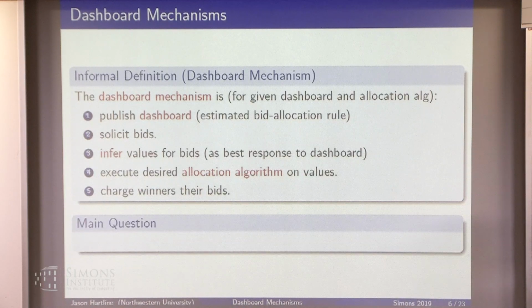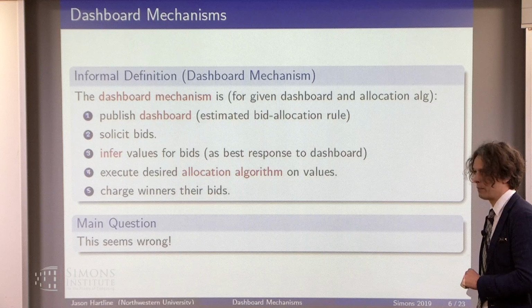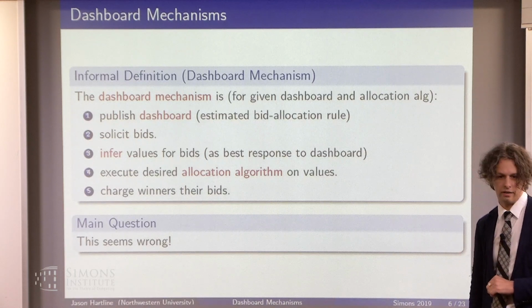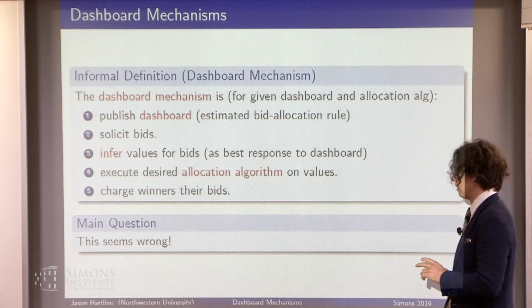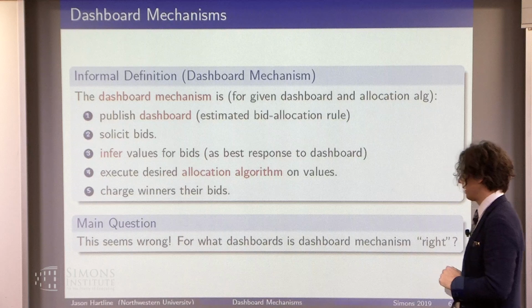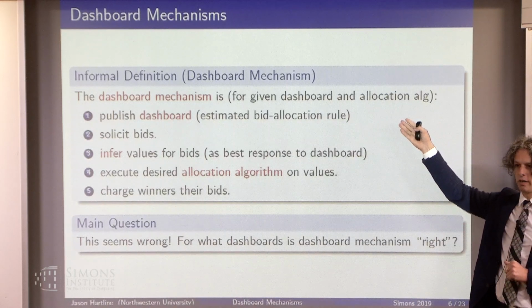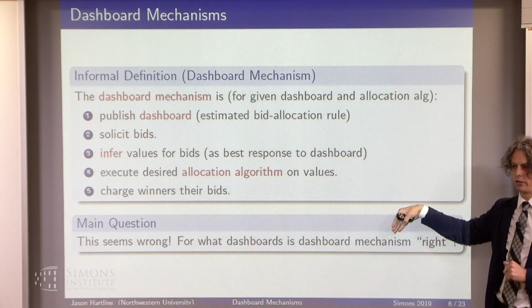Okay. So here's a main question. I think I might answer your question, but let's take a second. So the main question is, this seems wrong. And maybe I'm going to get sued. So I'm going to change it a little bit and say, well, okay, in the first step, I was publishing a dashboard. Maybe my choice of dashboard has impact on whether this is a good approach or not.